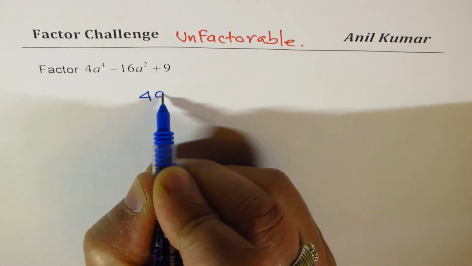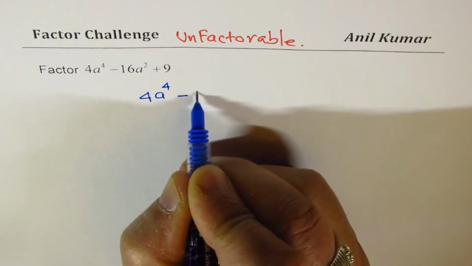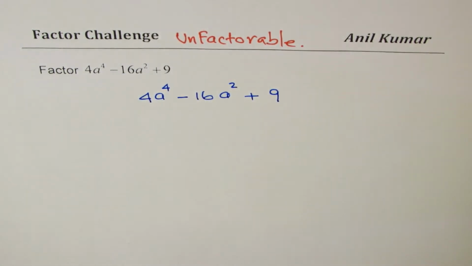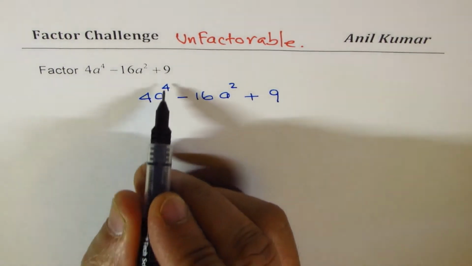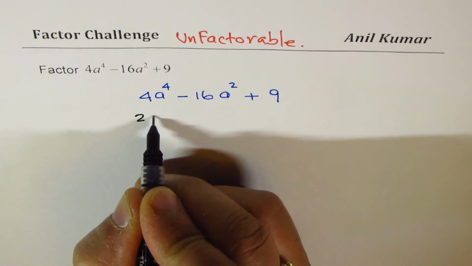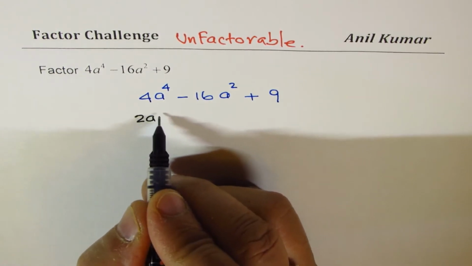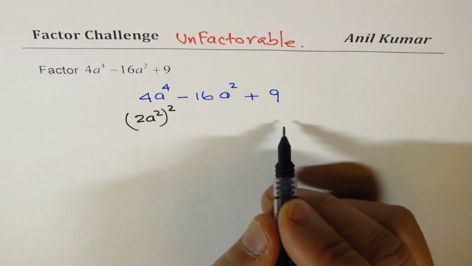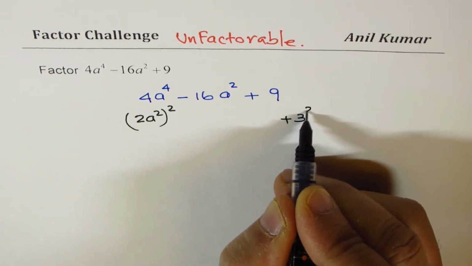We have 4a to the power of 4 minus 16a squared plus 9. As you can see, 4a to the power of 4 could be written as 2a squared whole square, right? 9 could be written as 3 square.